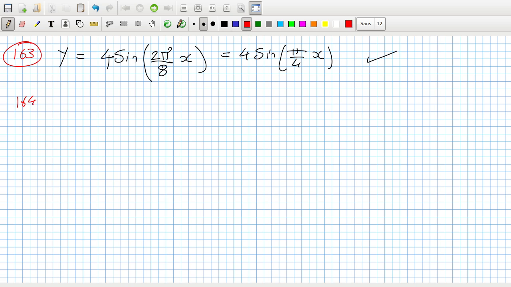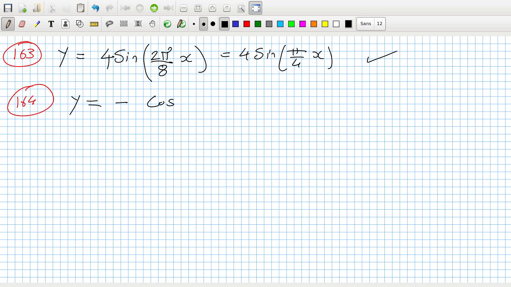164. It's a cos graph because it doesn't start at the origin, but it's upside down. It starts from the bottom and goes up, so it's a negative cos.